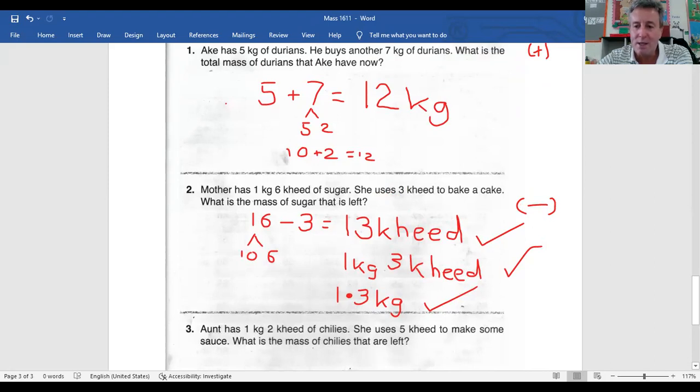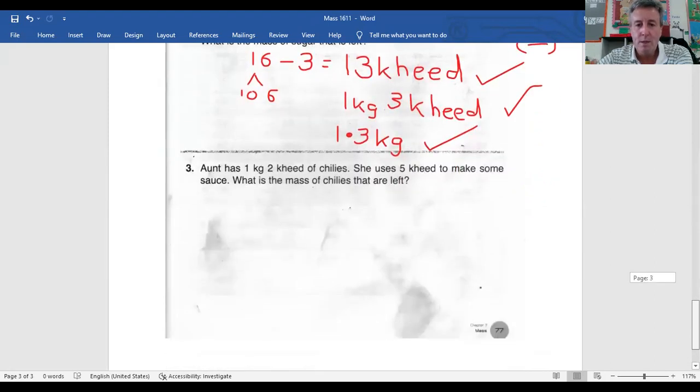It's going to be a subtraction. She uses 5 to make some sauce. What is the mass of chilies left? How many chilies does she have left? So we're going to do a minus. Okay, you all do this one. And when you're finished, I'll show you the answer.